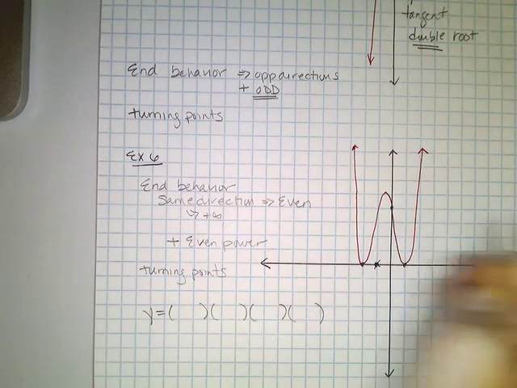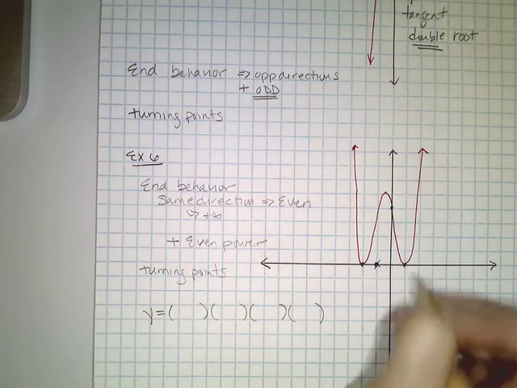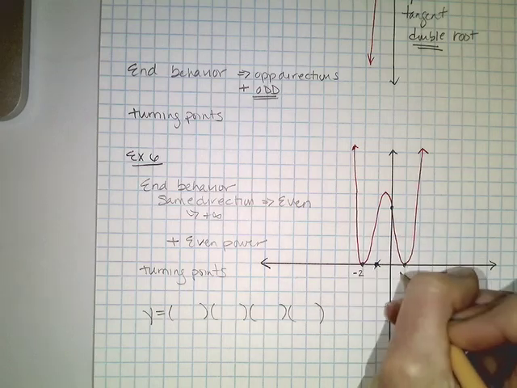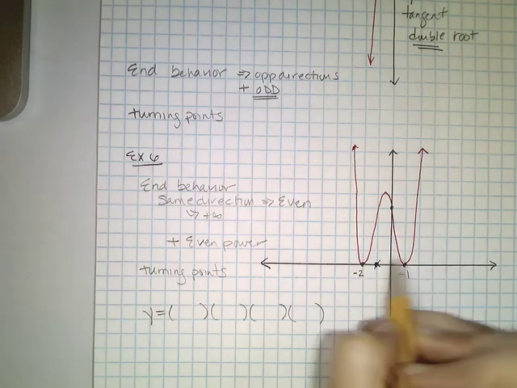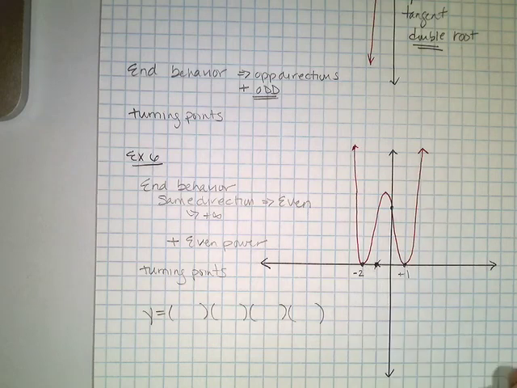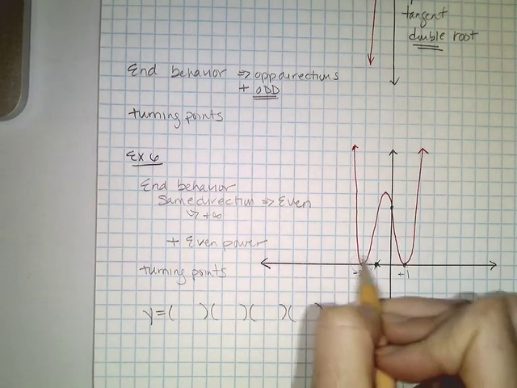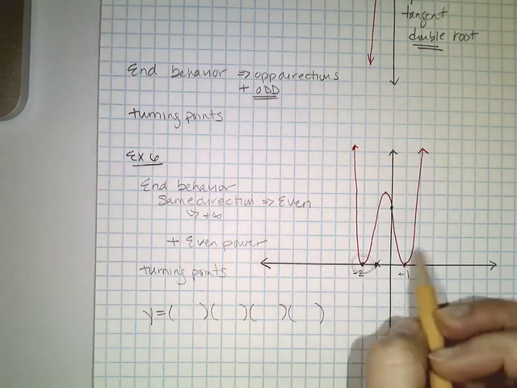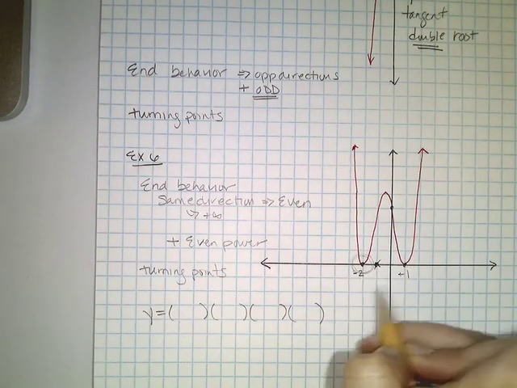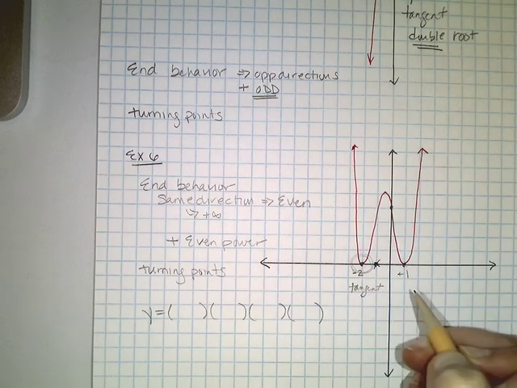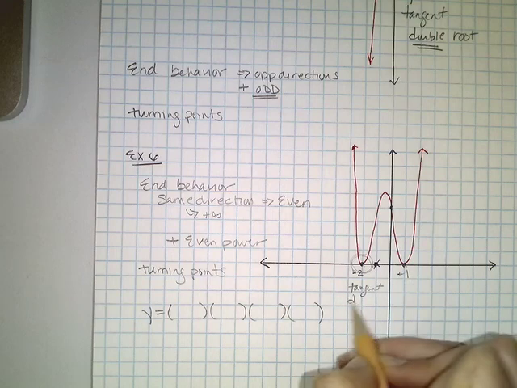Now, the only two spots that I have hitting the axis are -2 and +1. Well, here you notice, first of all, we need 4 total roots. I have 2. But the behavior at the root is telling me that this is a double root because this is tangent. Okay, that is a tangent double root.